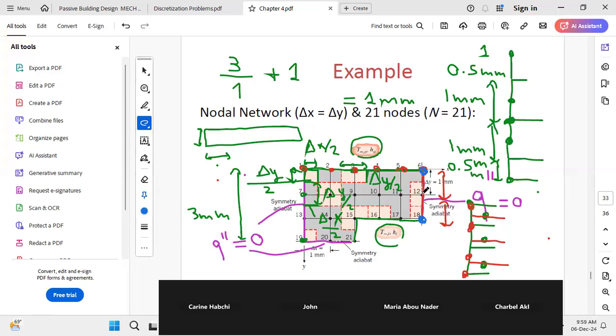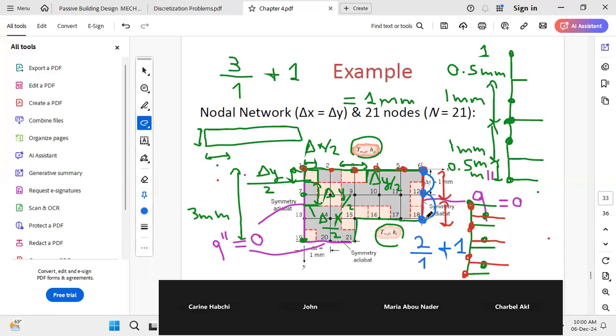And you will have an additional point here. So you start from the corner and then you move delta y until reaching the other end. So here, as expected, the number of nodes will be the length, which is 2, over delta y, which is 1, plus 1, since we are considering points at corners. So the total number of points in this way will be 3.